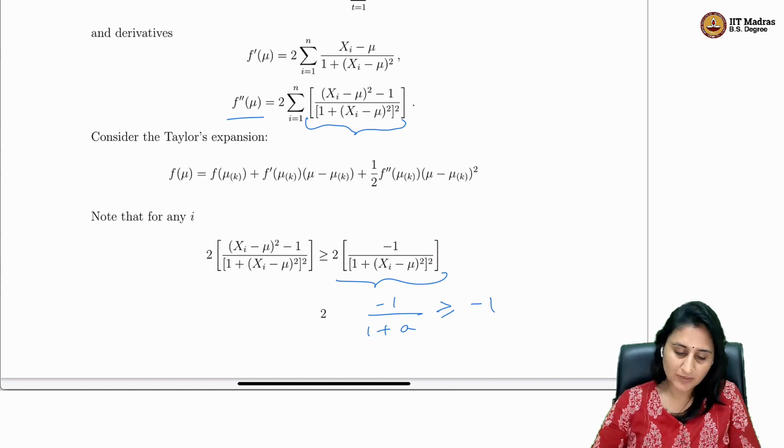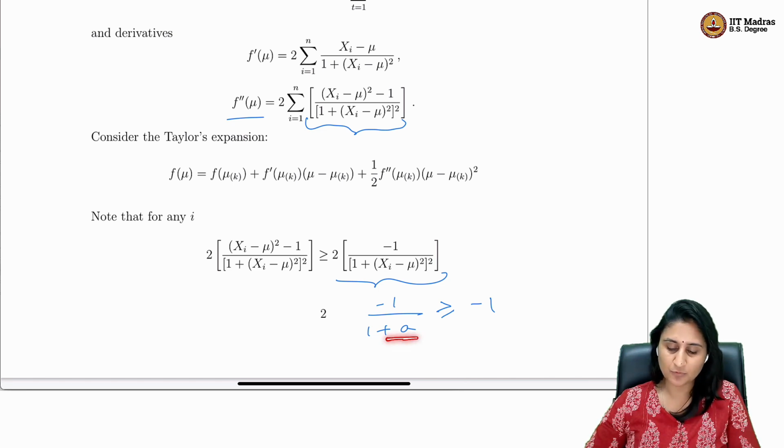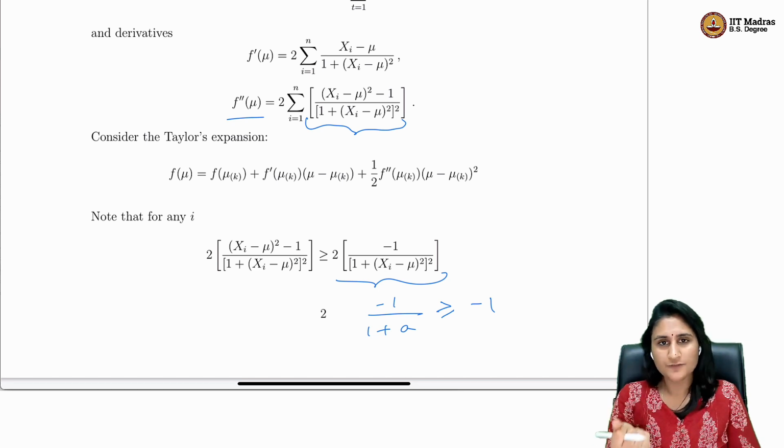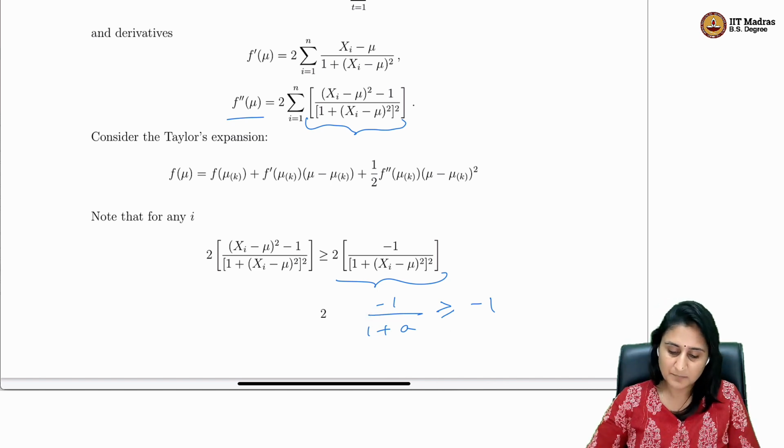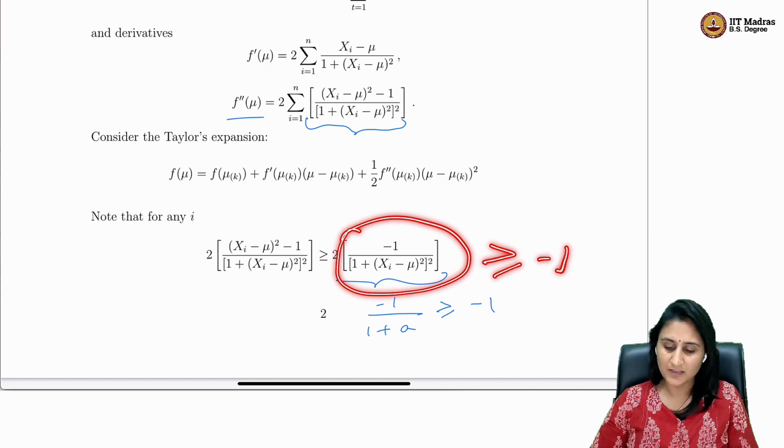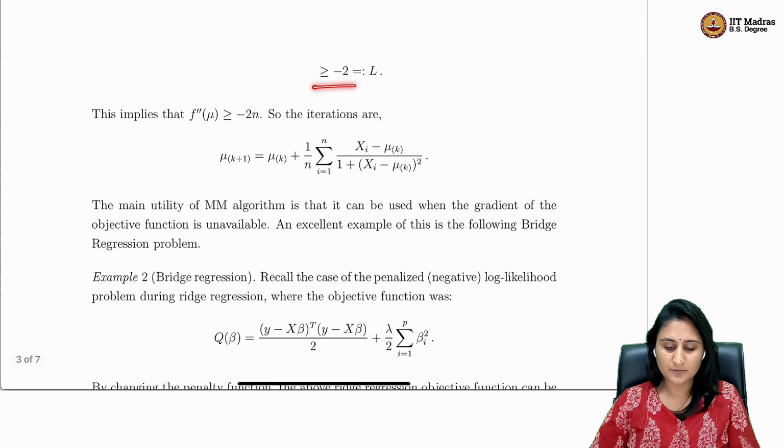Okay. So what I'm doing is I'm adding a positive number over here. So I'm increasing the size of the denominator, which means that in general the number is getting smaller. However, because of the negative sign next to it, this number is turning out to then be greater than this number over here, right? Because of the negative sign next to it. So that means this whole expression over here is greater than or equal to minus 1, and I take it on the other side, so this becomes greater than or equal to minus 2, right?